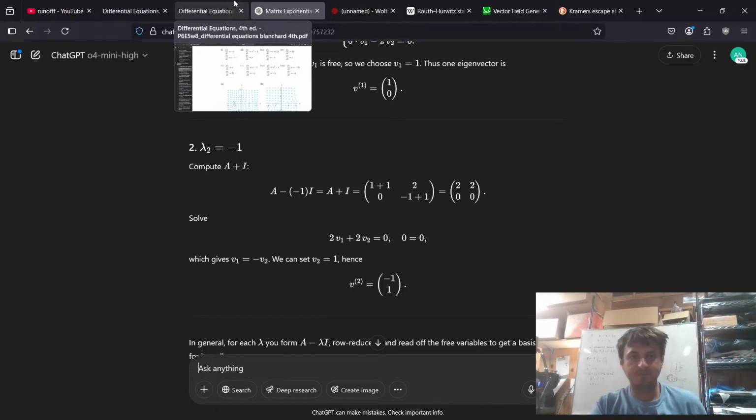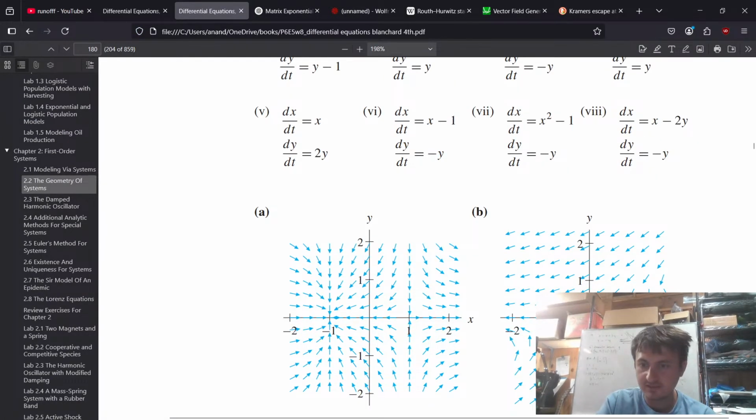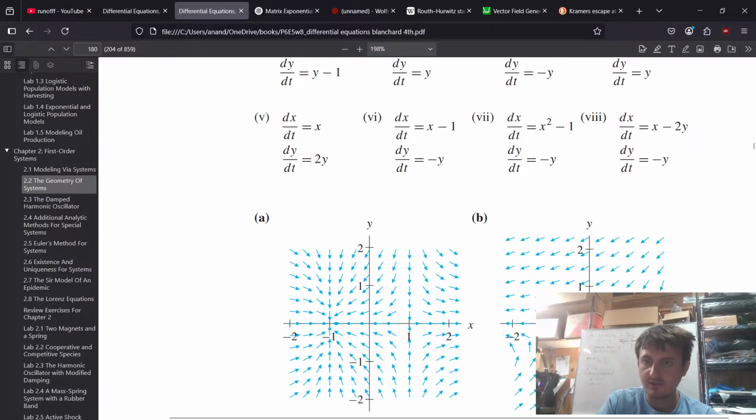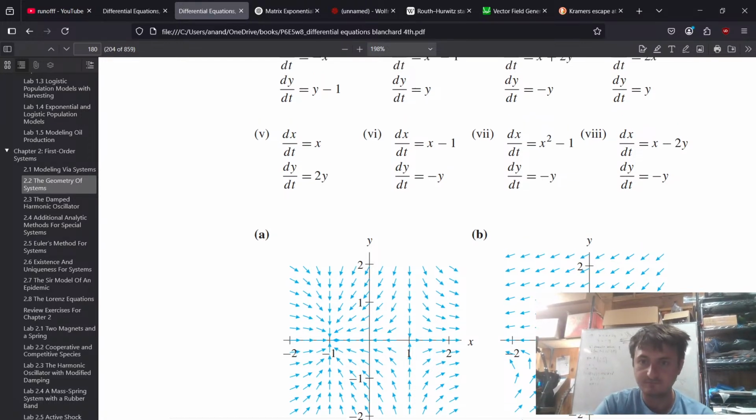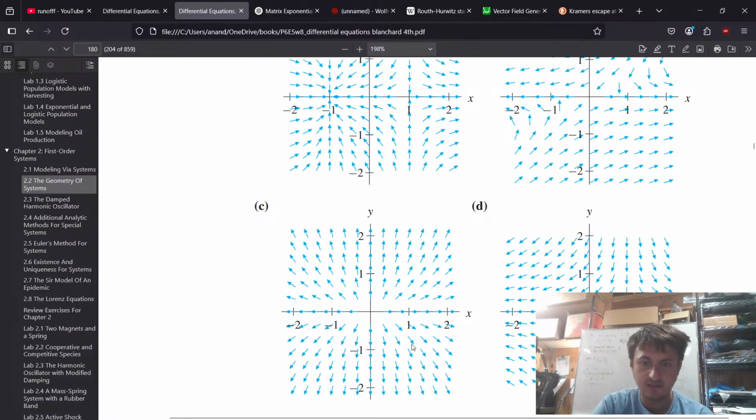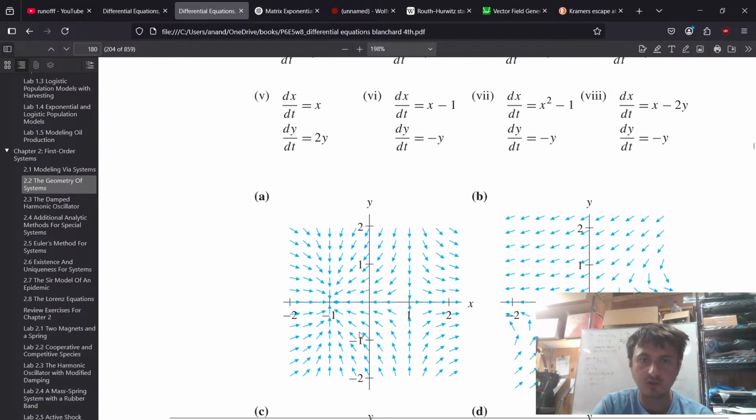So this has got to be this one, because trajectories shift along the x equals y line. So I'm going to say that b goes to 8. Okay, now c blows up in y faster than x, but it blows up regardless. So c goes to 5.